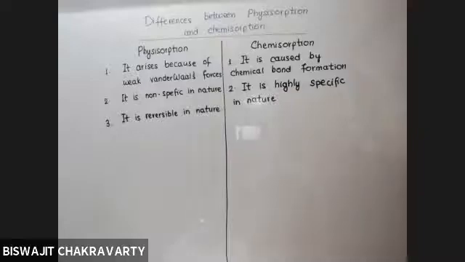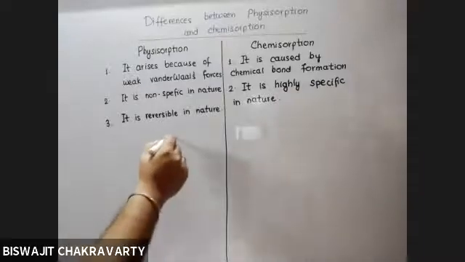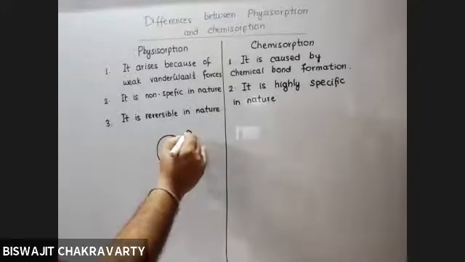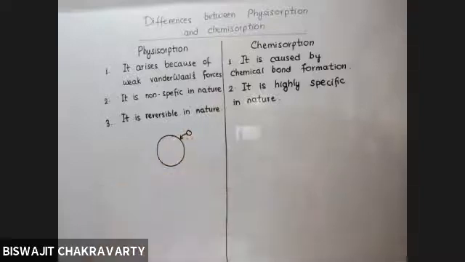It means that because the force of attraction between the adsorbate and adsorbent is a weak force, van der Waals force, the more easily it comes and binds here, the more easily it can be removed as well, because the force of attraction is not that strong. Because of which it is reversible in nature. So it can go both ways.